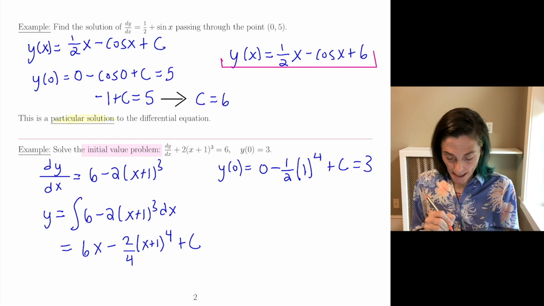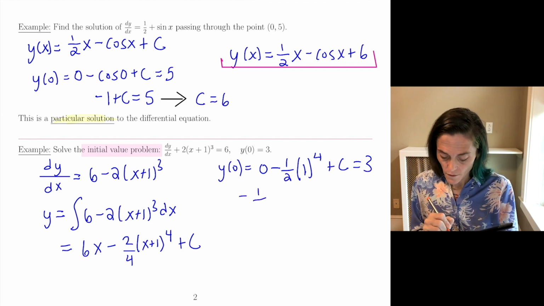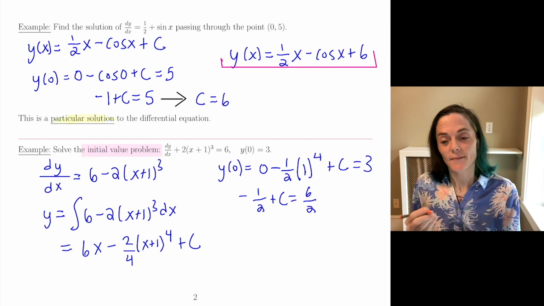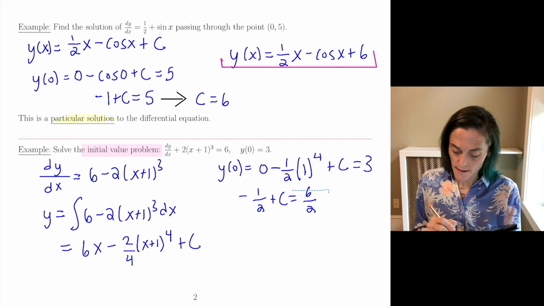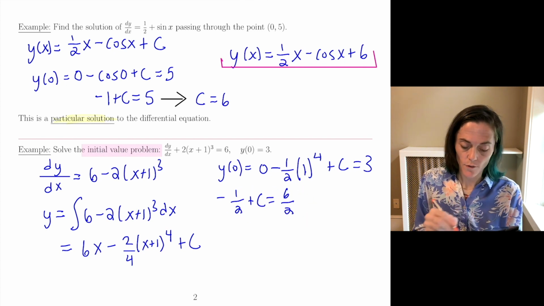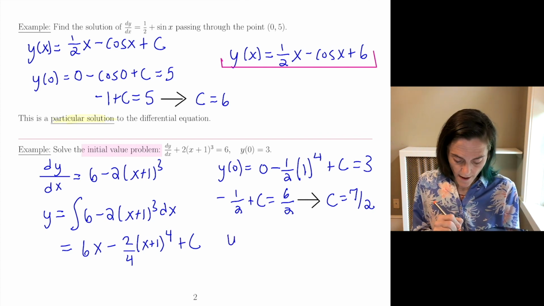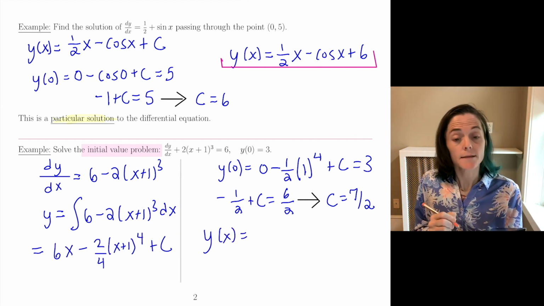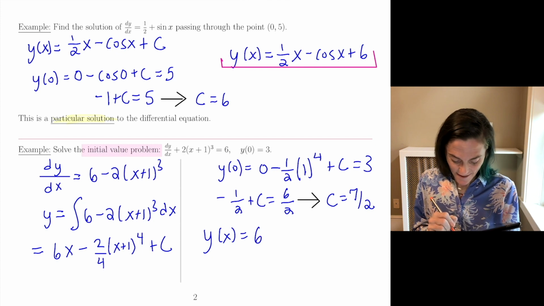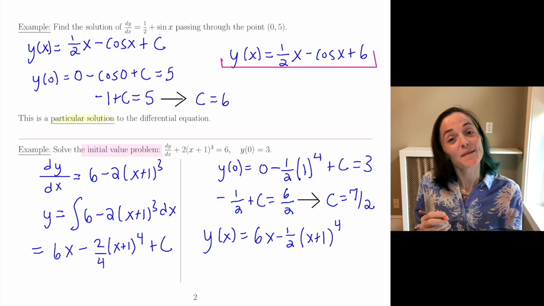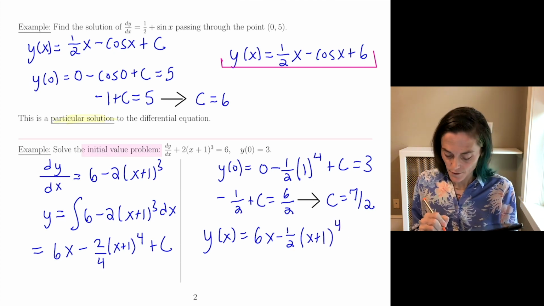Well, you see I get minus 1/2 plus c is 6/2. And then we can solve. c is 7/2. Now, I'm ready to write my final answer. y of x, this is 6x minus 1/2 (x plus 1) to the 4th plus 7/2.